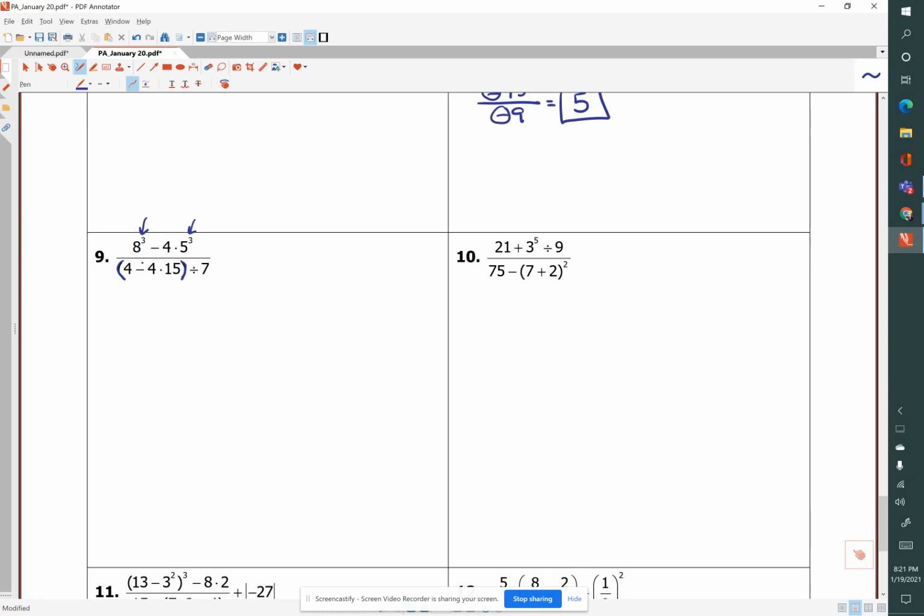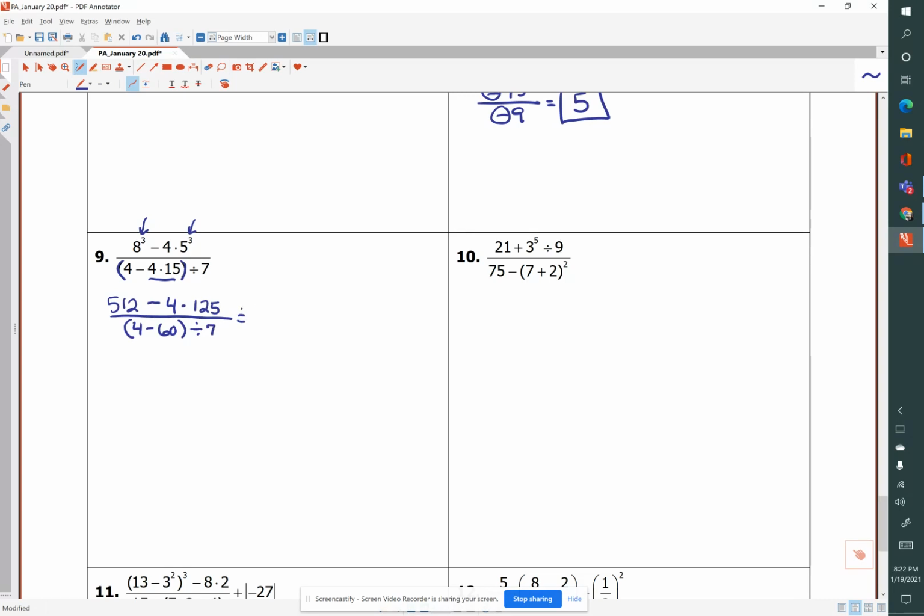So we start in the numerator with 8 to the third power, and 8 to the third power is 512, 8 times 8 times 8, minus 4 times 5 to the third power is 125. In the denominator, we'll have 4 times 15, which is 60, and that quantity will be divided by 7.